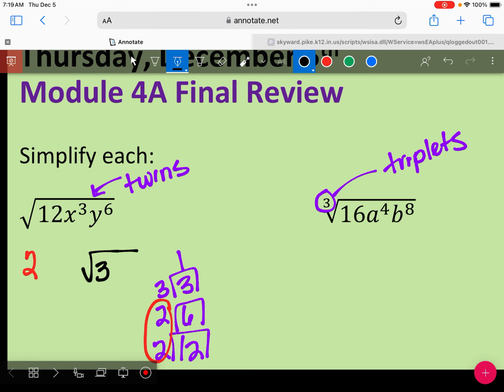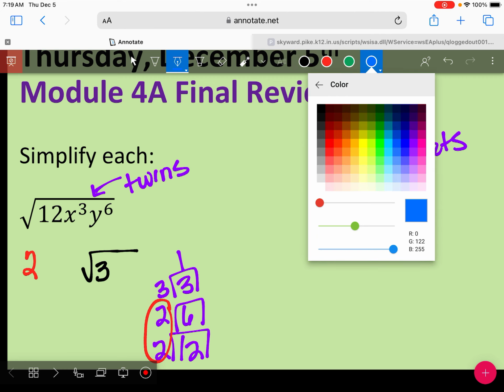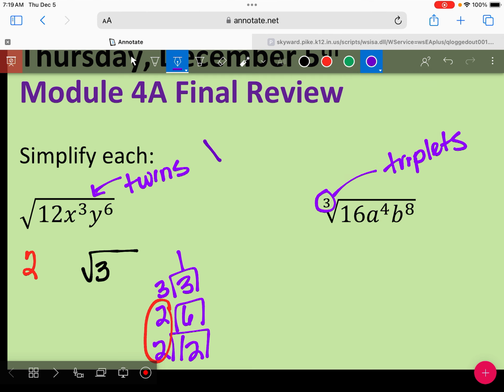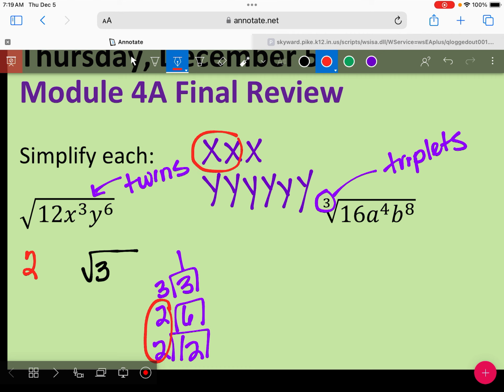So now let's look at our x's. So I have 3 x's and I have 6 y's. Okay, again, we're circling twins. So I have 1 twin that comes out.